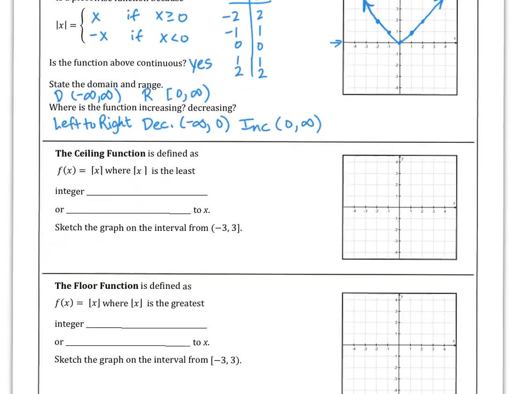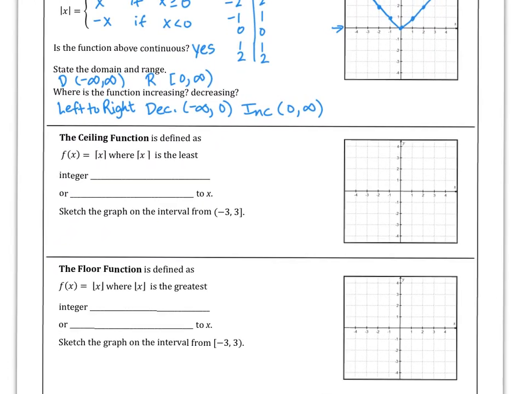Okay, so these next two, the ceiling function and floor function, that's like the greatest integer function. It's step functions. The ceiling function is defined as the function where that little symbol with the x with the little top part is the least integer that is greater than or equal to x.